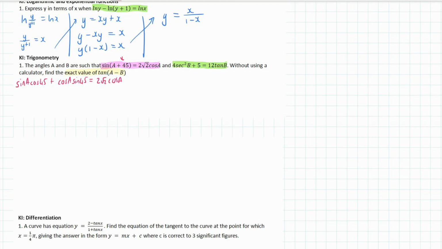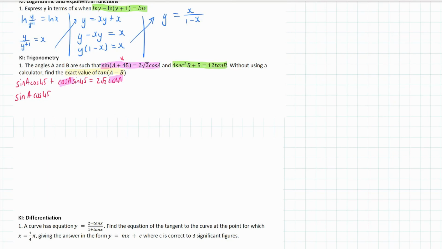Okay, in my next line I can gather my like terms, so I go sine A cos 45, and then since I've noticed that I've got a cosine A here and a cosine A here, I'm just going to bring that across to the other side.